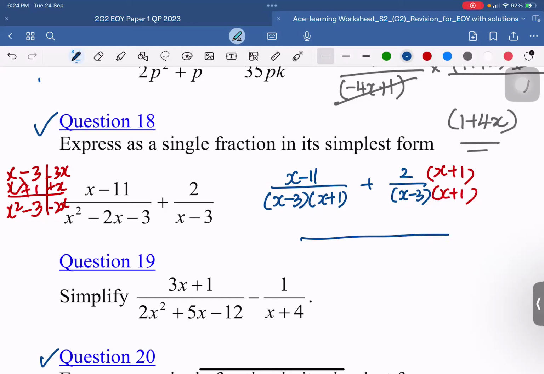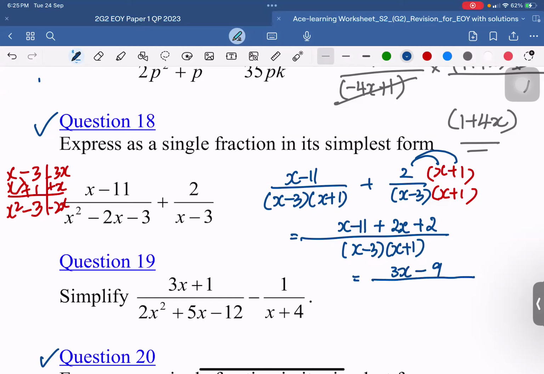If I have subtraction, must remember when you multiply, need to change the sign. So in this case, my denominator, don't expand the denominator, keep it. Only expand the numerator. Must multiply to the front and to the back as well. Can we cancel anything? Cannot cancel anything. Then we simplify 3x minus 9. X minus 3, x plus 1.